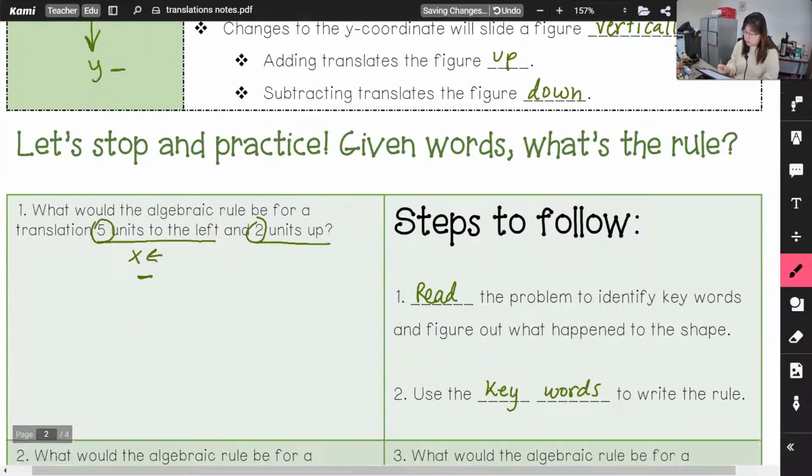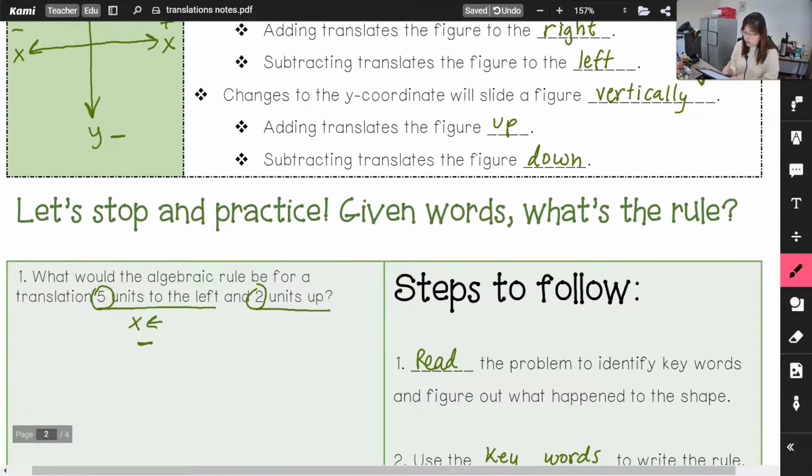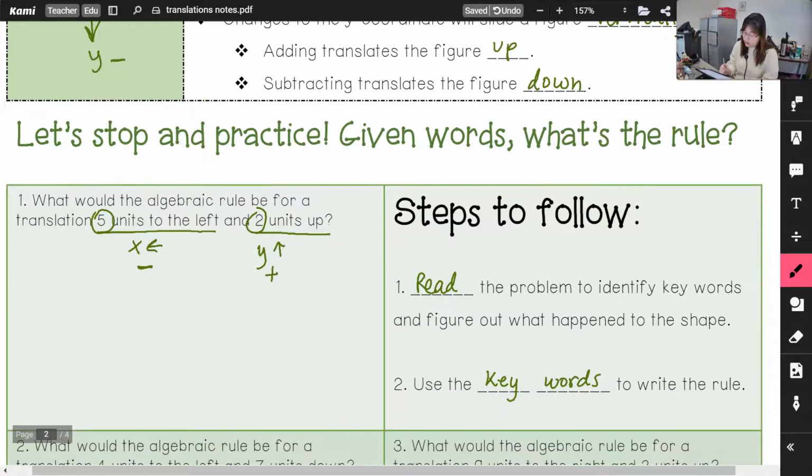So that means you would have to do x minus 5 for this part, because when you are moving to the left, you are subtracting from x. When you're doing 2 units up, the word up, well, we already know this has to be y because the other one was already x. So this is y going up. If y is going up, that means you are adding because that's positive motion. So then our algebraic rule starts with this. This part is always the same in the rule.